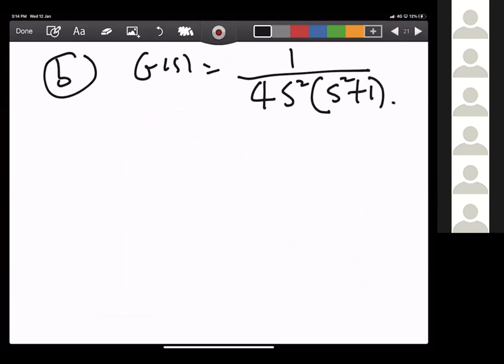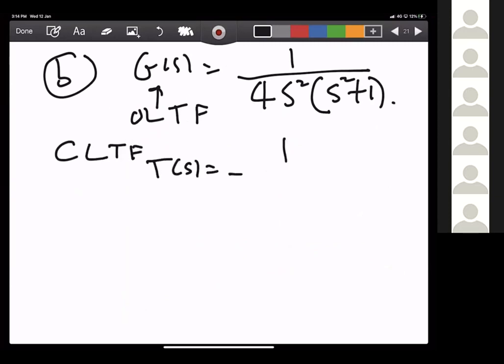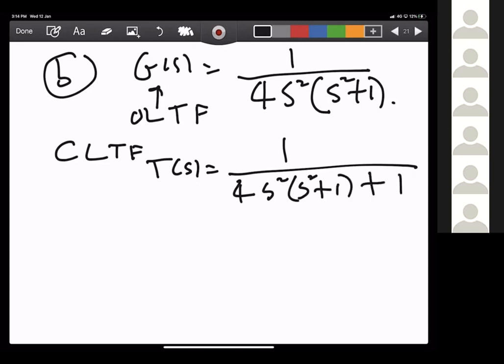So this one is open loop. Closed loop: 1 over 4s squared open bracket s squared plus 1 close bracket plus 1.